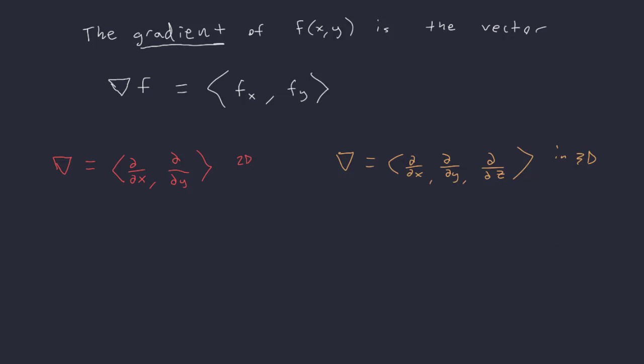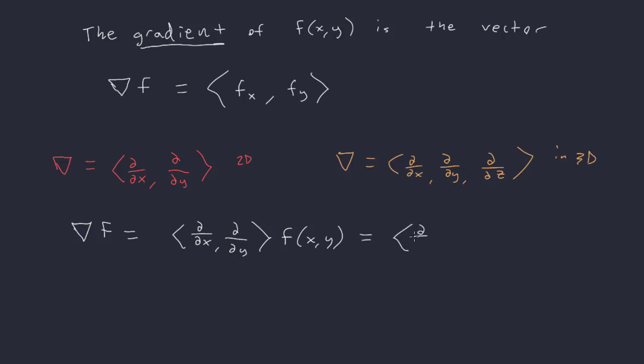What the gradient actually ends up being is essentially scalar multiplication, because we have the vector of partial derivatives and we're multiplying it by the function f of x, y.